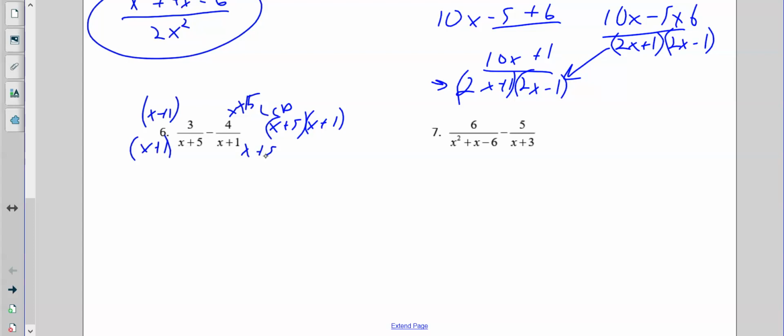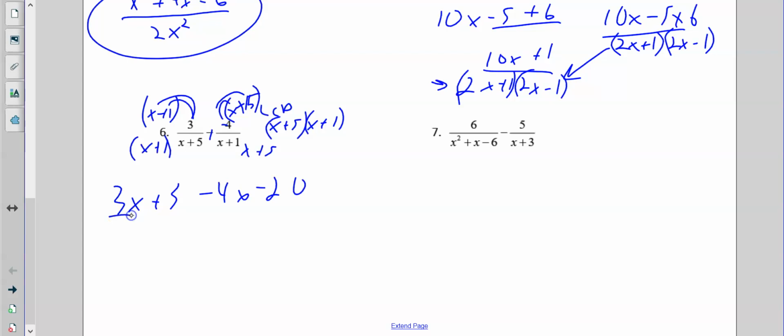Now, be very careful anytime there's subtraction. And like I said in the notes, what I like to do is make this a plus and put the negative with the 4, make it a -4. So I remember to distribute a -4 throughout and a 3 throughout here. So I'm going to get 3x plus 3 minus 4x minus 20. And again, you could write the x plus 5, x plus 1 here, and then do it again.